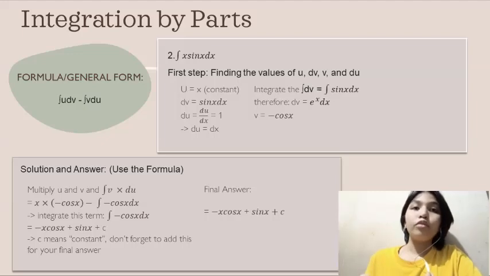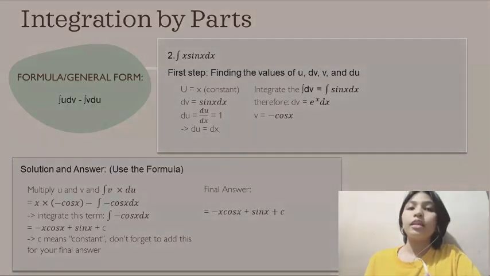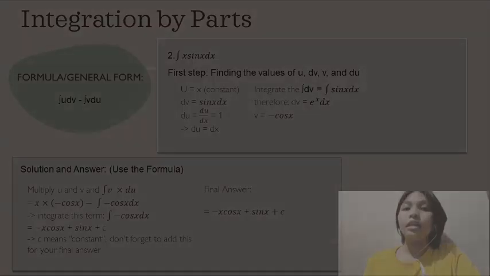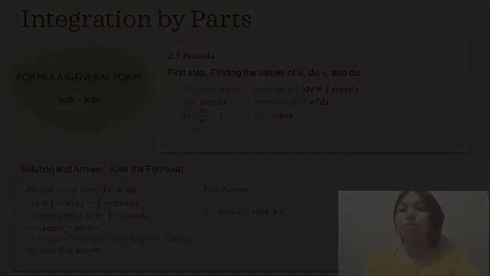All of that will be equal to x times negative cosine x minus the integral of negative cosine x dx. We integrate the second function, the integral of negative cosine x dx, and get our final answer, which is negative x cosine x plus sine x plus c.